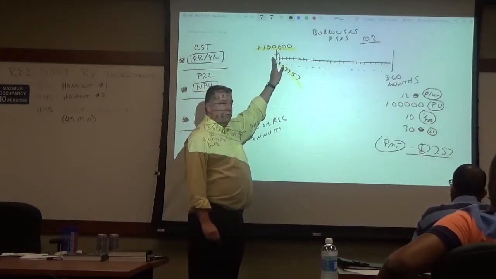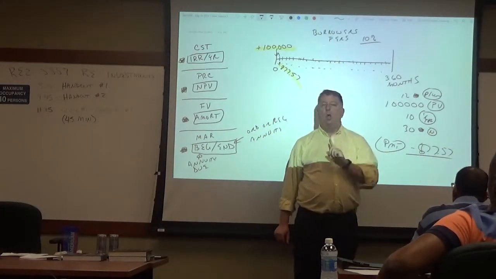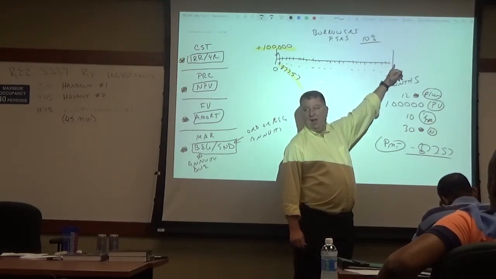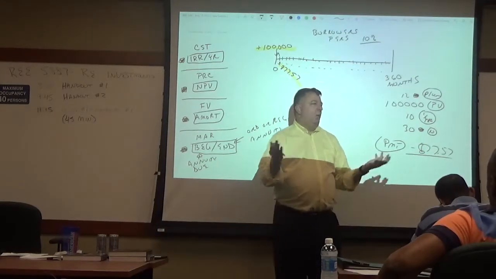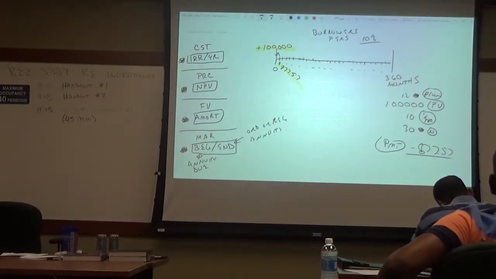Well, if that's shifting back that first one, it's shifting back all of them, meaning your last payment no longer occurs on month 360, it actually occurs on 359. Now, you're saying, okay, big deal. Well, it is a big deal, because what that means is you, as the borrower, are literally giving everything to the lender a full month early, all the way through the loan. That is significant, especially when you look at how that impacts all the way through. It may not seem like much at the moment, trust me, it is.